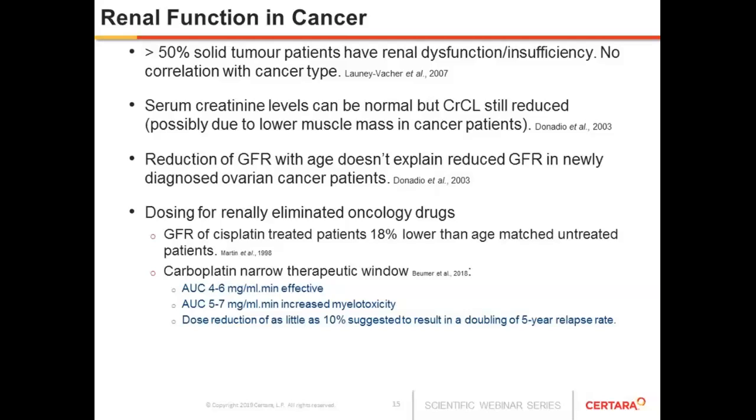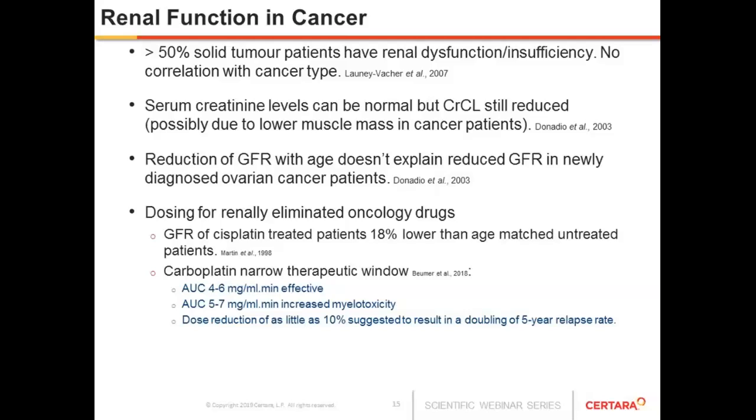Another factor, and what we consider within Simcyp, is changes of GFR with age, but that doesn't necessarily explain the more pronounced reductions in GFR in, for example, patients with ovarian cancer. And this really has a significant impact, especially for drugs which are renally eliminated.